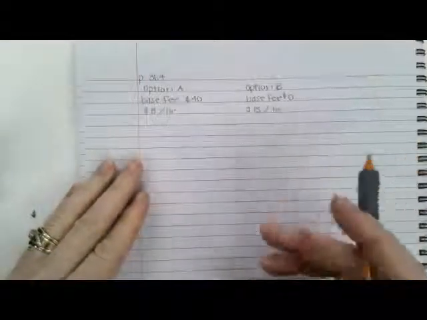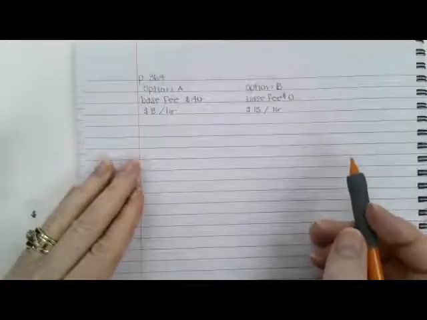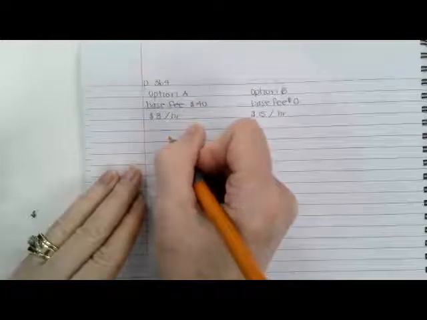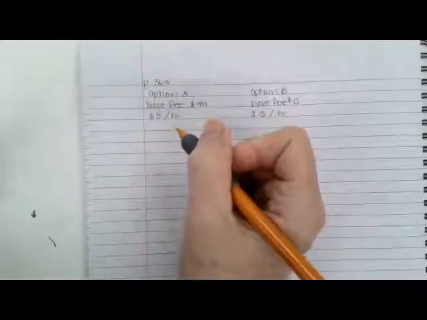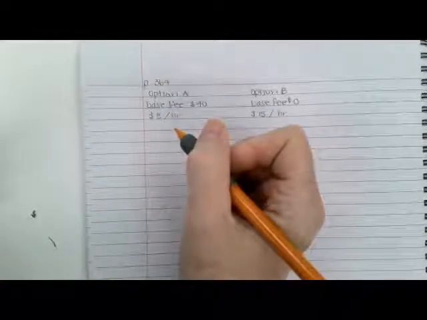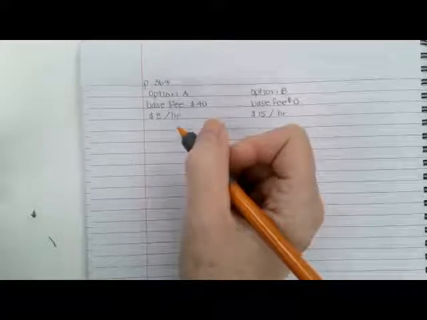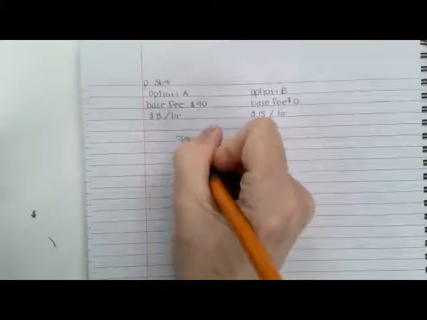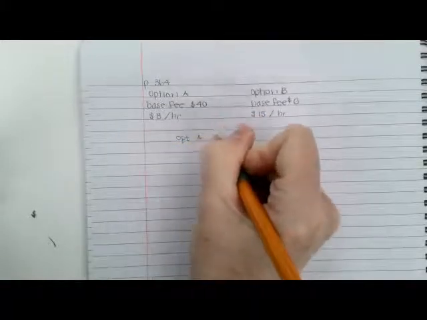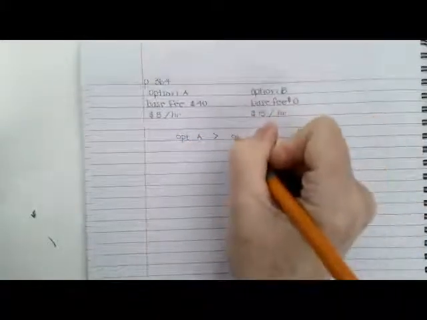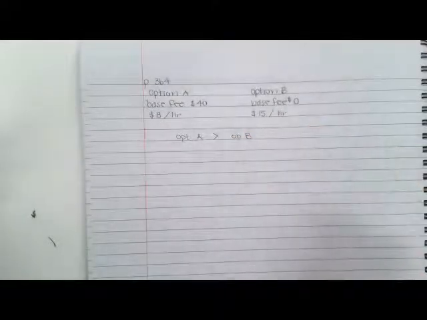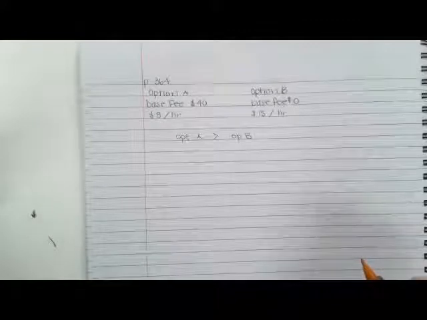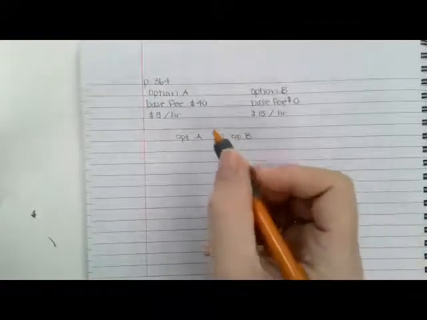So I'm going to make a little equation for myself. So if I have option A, I want, when is option B going to be less expensive? So I want option A to be greater than option B. Or I could write it the other way around, option B less than option A. But let's just go ahead for this.